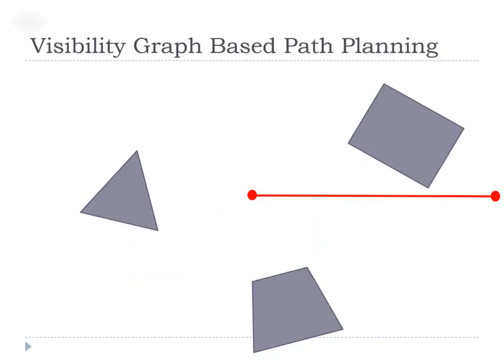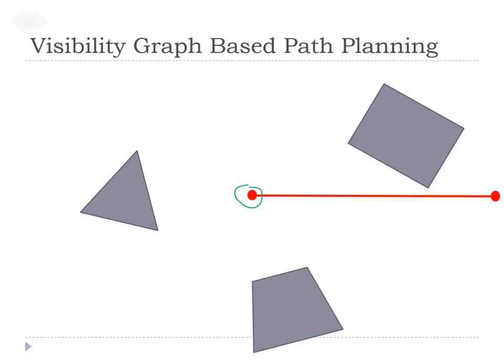Rotational plane sweep algorithm is one of the most celebrated algorithms used in visibility graph-based path planning. To understand how the algorithm works, let us consider the scenario having three obstacles as shown here using gray color objects, and let the robot be placed at this location shown in the center by a red dot.